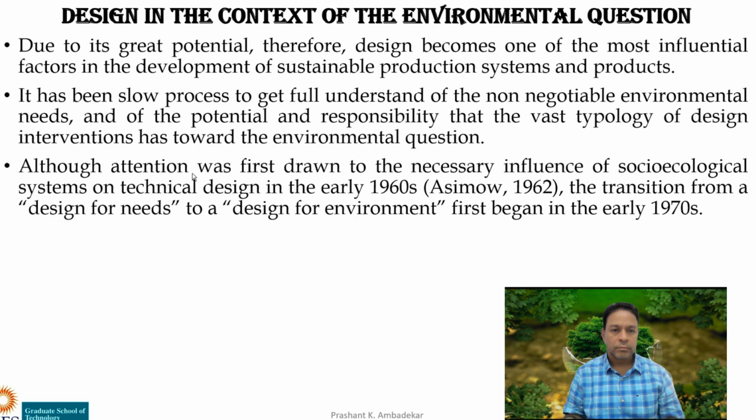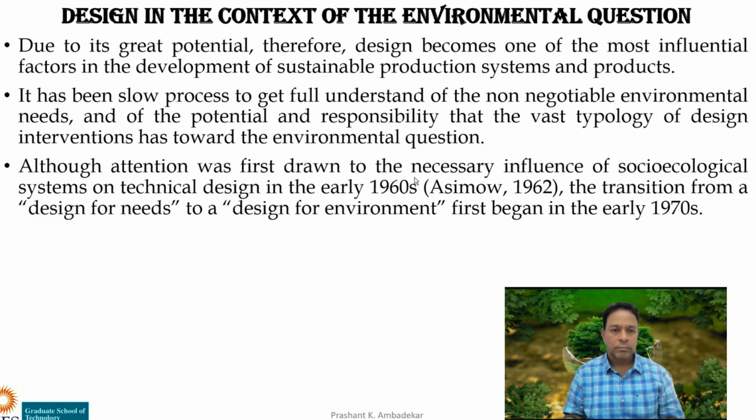Although attention was first drawn to the necessary influence of socio-ecological systems on technical design in the 1960s, Asimov in 1960s. So this person has worked so much for the manufacturing industry. In the 1960s, he had drawn this attention. The transition from design for need to design for environment first began in 1970. See, there's a gap of 10 years.